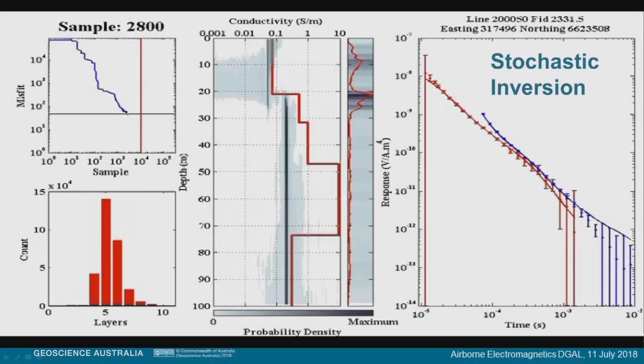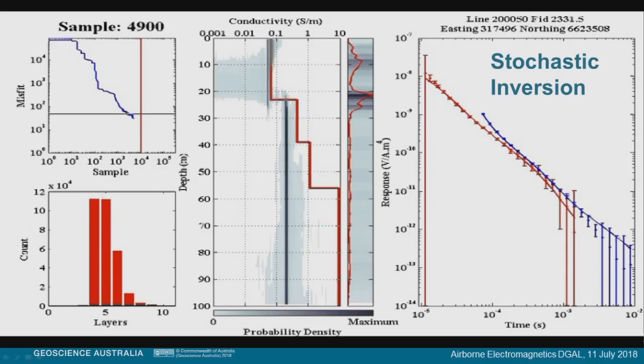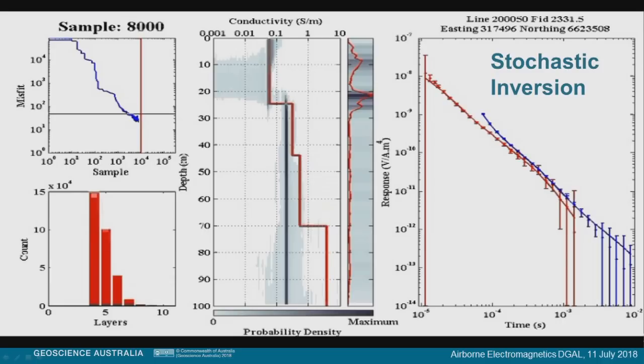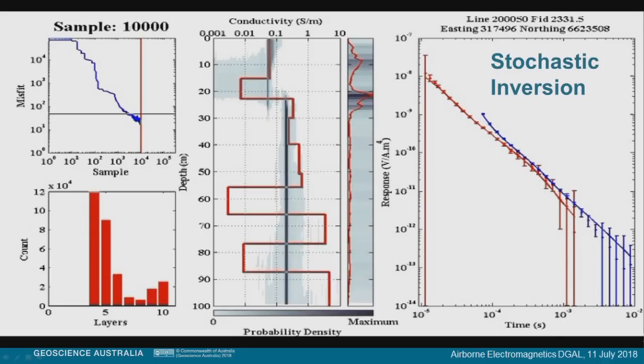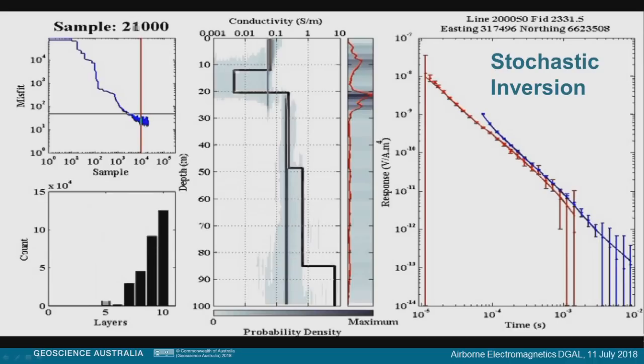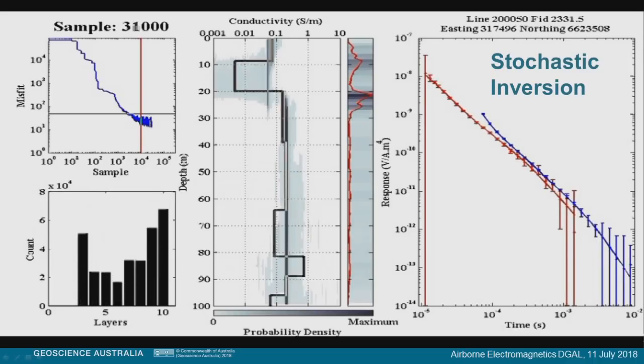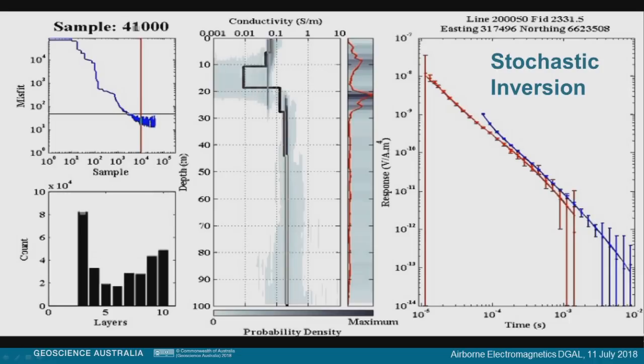So as this inversion is progressing, as the samples are increasing, we have what's called a Markov chain of a model, which essentially wanders around the model space, and it's jumping between the number of layers. As we can see here, we've got different histograms of different numbers of layers as they are counted up. And you can see here these models are between 3 and 10 layers. And as this is jumping around, it's recording in this histogram.